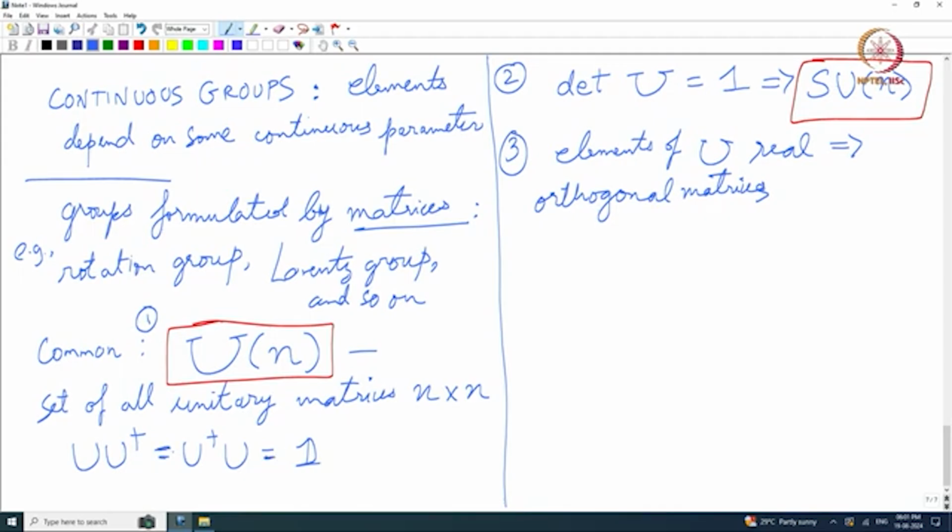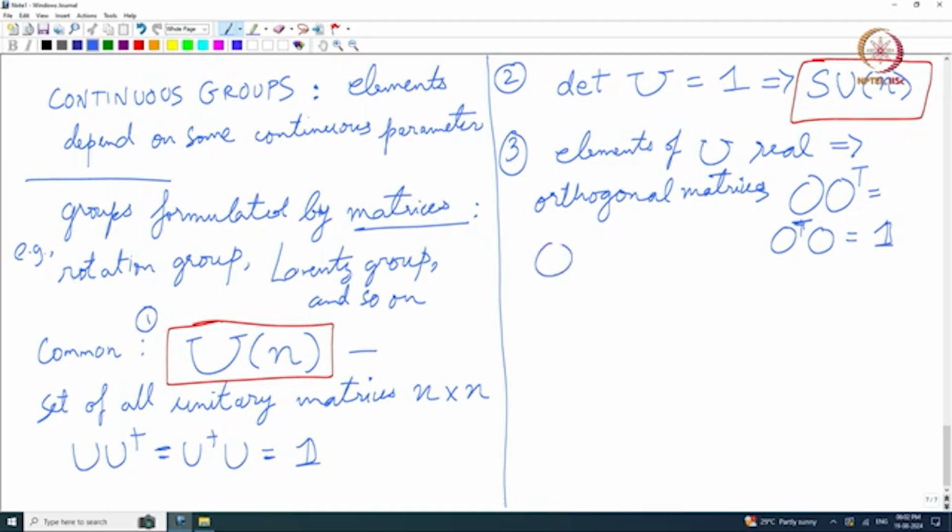That would mean that I just take the transpose of these matrices that I am representing with O because it is orthogonal, and that gives me identity. So, what shall we name this group?